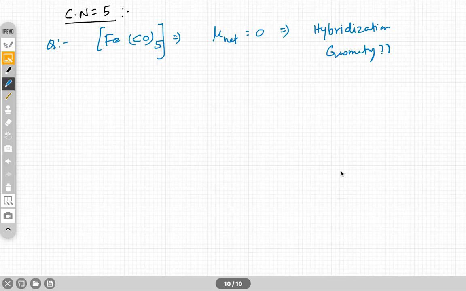No, the dipole moment won't affect hybridization. But yes, with dipole moment, you try this once, Aditya. You will understand why this dipole moment is given. Okay, try once to do it. Okay, sir. What is the geometry, Srishti?